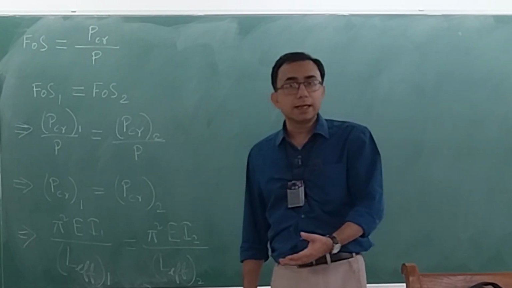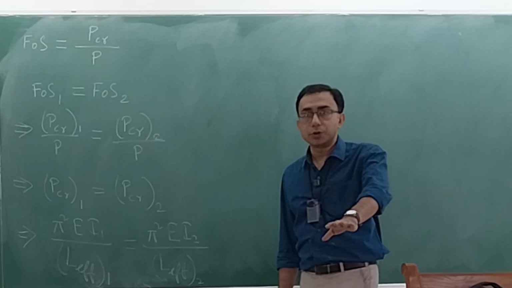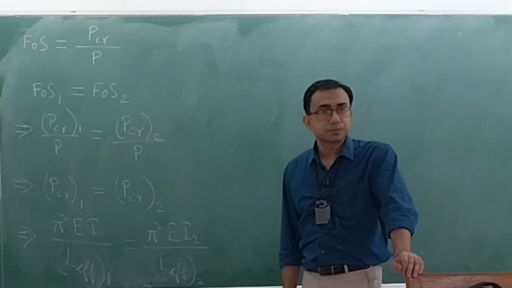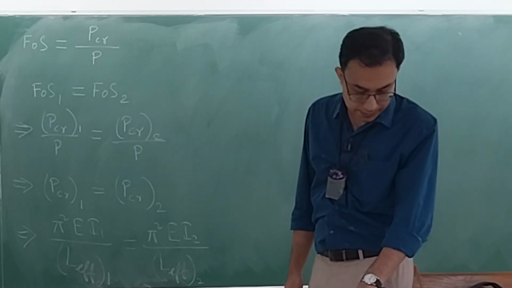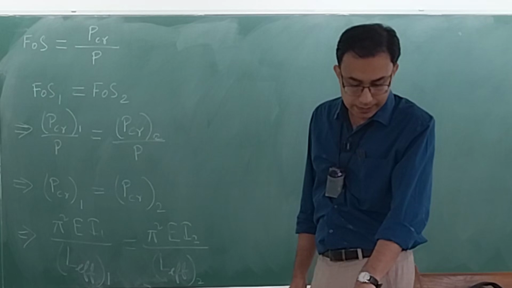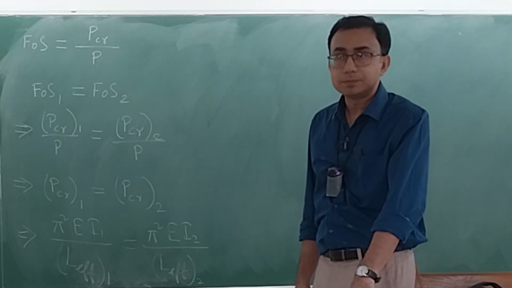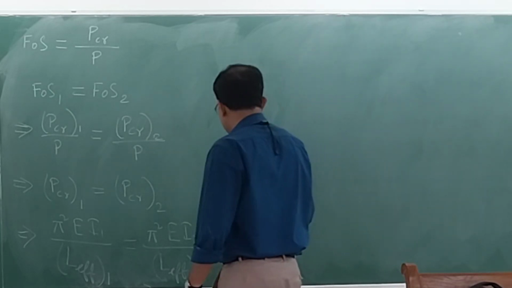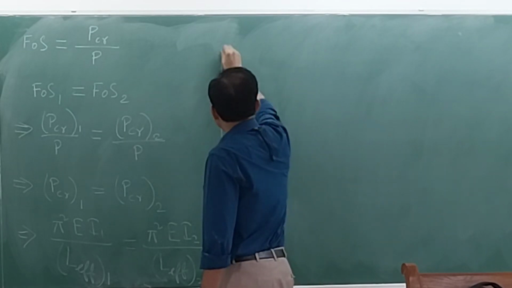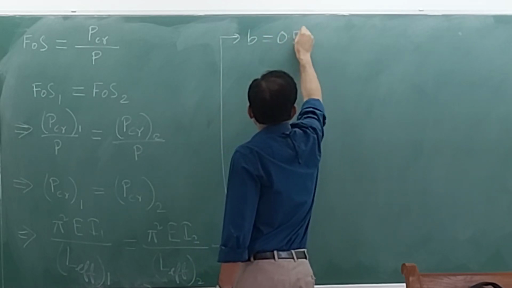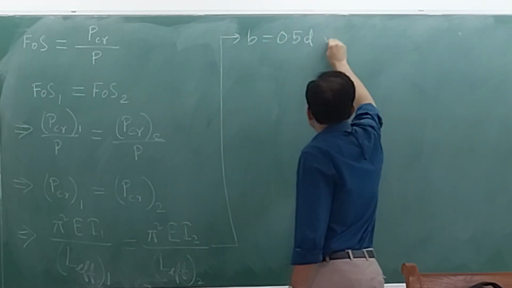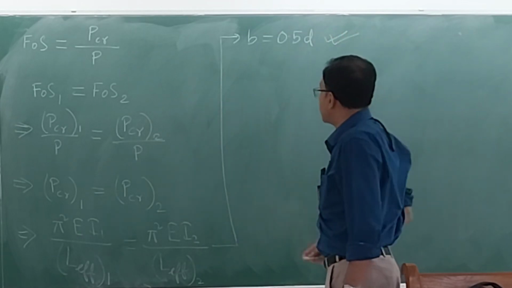Now once you have obtained that, the second part of the problem I'm not going to do. You just plug in the values, you'll get it. Okay, the second part of the question is asking us to determine the factor of safety if P is equal to 8 kilonewton. So first of all, you obtain that B is equal to 0.5 D. Okay, this I believe most of you have obtained.